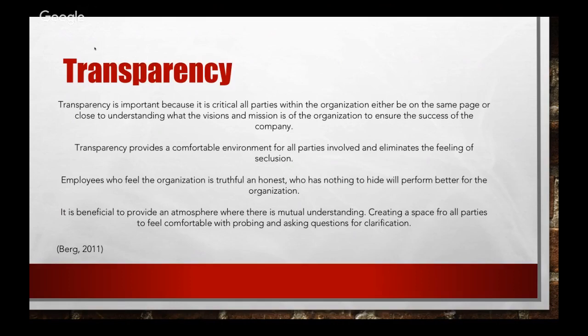Transparency also provides a comfortable environment for all parties involved and eliminates the feeling of seclusion. Employees who feel the organization is truthful and honest, who has nothing to hide, will perform better for that organization. And it is beneficial to provide an atmosphere where there is mutual understanding, creating a space for all parties to feel comfortable with probing and asking questions for clarification.